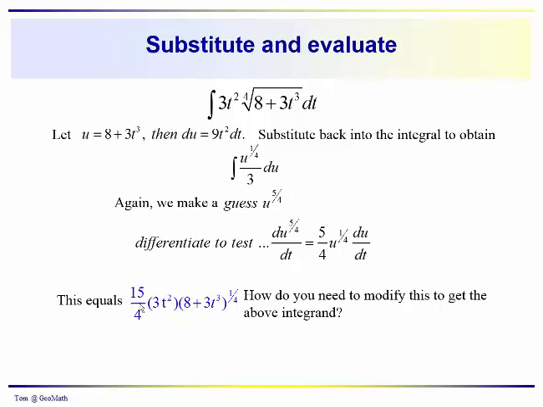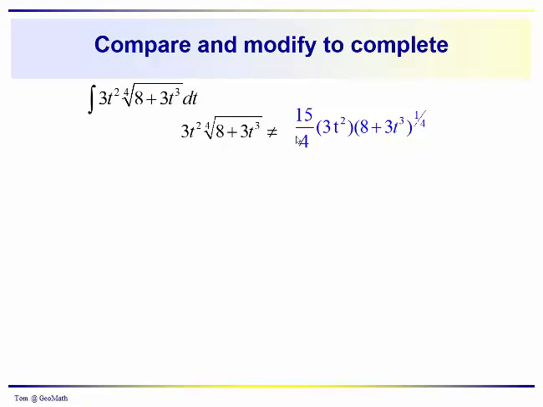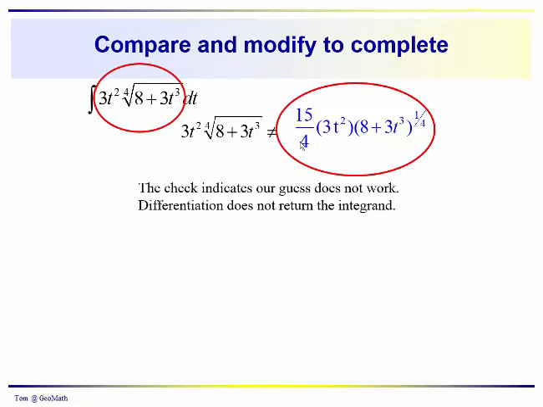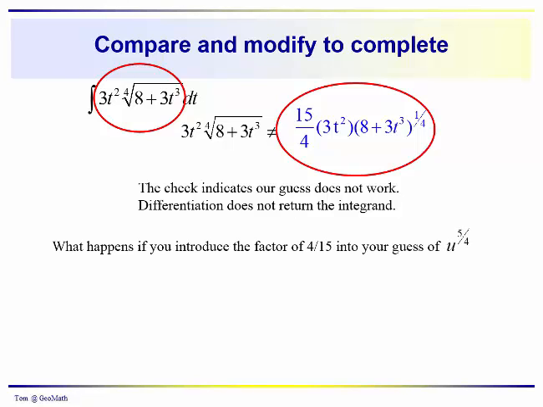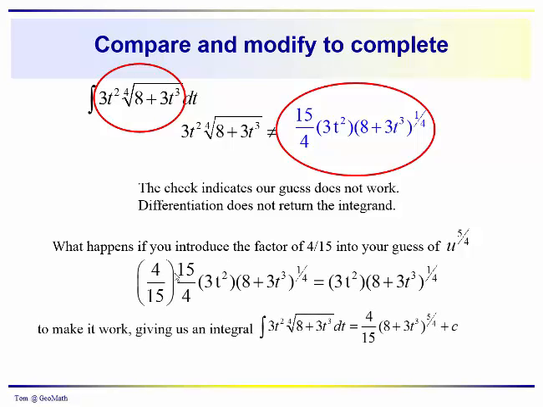What's the easiest way to do that? Well, the easiest way to get this result to look like this would be to multiply our guess by 4/15. So in our first guess, we didn't get the integrand back. Differentiation did not return the integrand. If we introduce that factor of 4/15 into our guess, we would get 4/15 times 15/4.